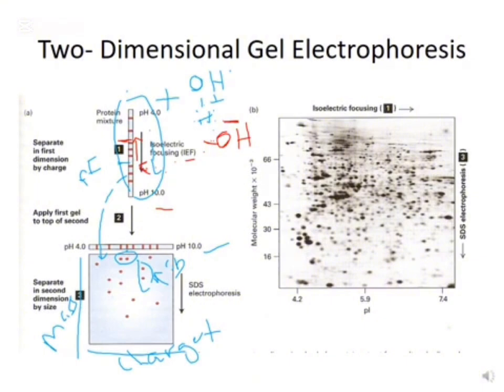However, these two, the ones that are only separated based on charge, are going to be in the same band. This is an example of a 2D SDS-PAGE. You can see it here on the right side of the screen. This is a typical 2D SDS-PAGE, and as I mentioned, this dimension is going to separate based on charge, where this dimension is going to separate based on mass.